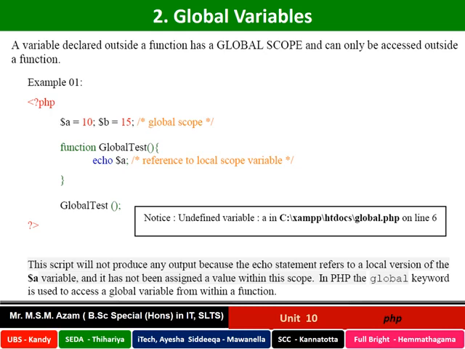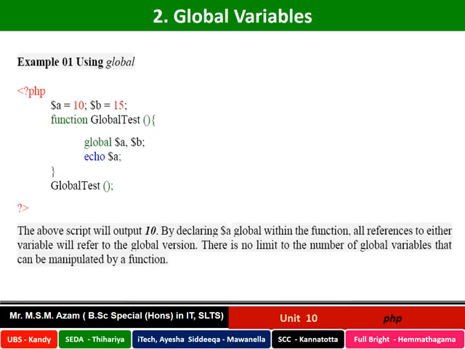In PHP, the global keyword is used to access a global variable from within a function. But see this example. Here we are using the keyword global to access global variables in PHP.